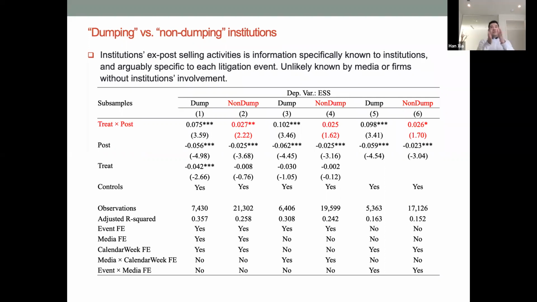Okay, so what we see here is that our results are stronger when the institution really wants to dump the defendant firm, but almost insignificant in most cases if the institutions do not. Okay, so why is this important? Now, if we think about the information about dumping, so institutions' dumping actions, here we're looking at the exposed dumping activities, right?